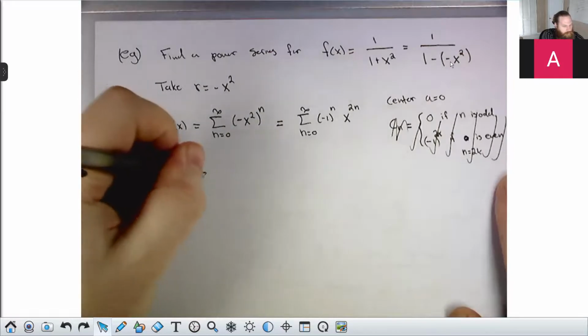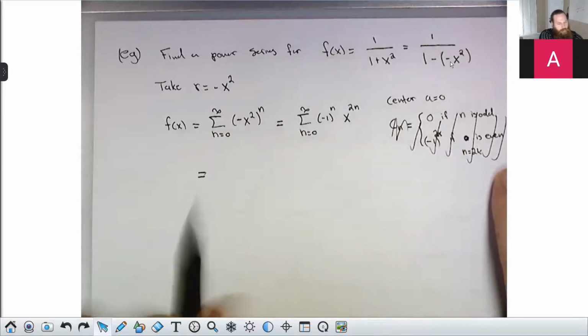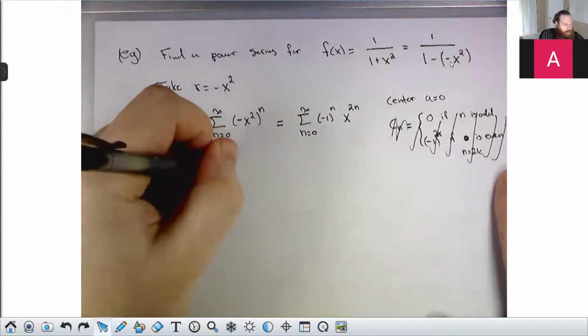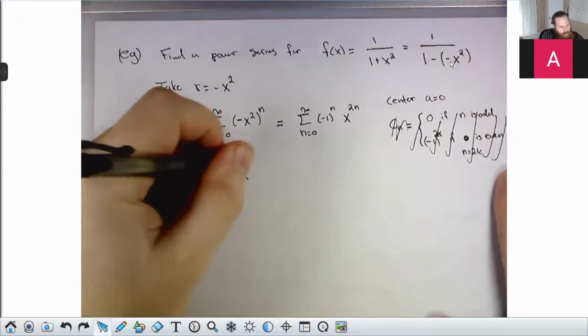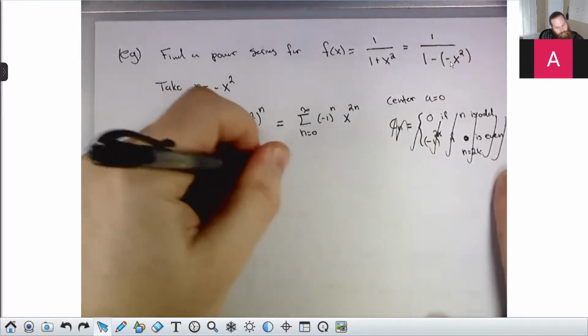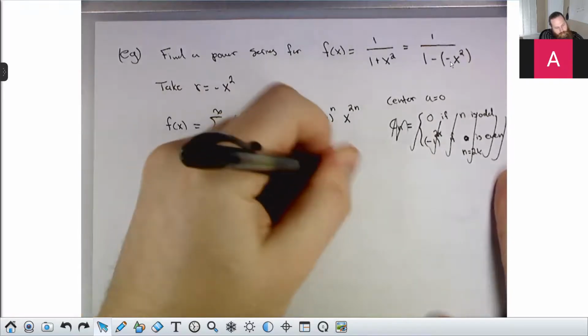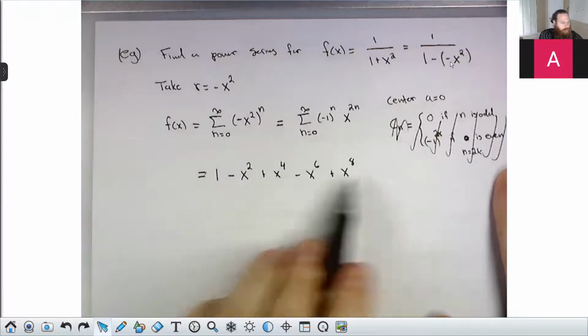So let me write out the first few terms of the series. When n is equal to 0, we have negative 1 to the 0 times x to the 0. That's 1. And then when n is equal to 1, we have negative 1 to the 1 times x squared. And then plus x to the 4 minus x to the 6 plus x to the 8. So all the odd-powered terms are missing.